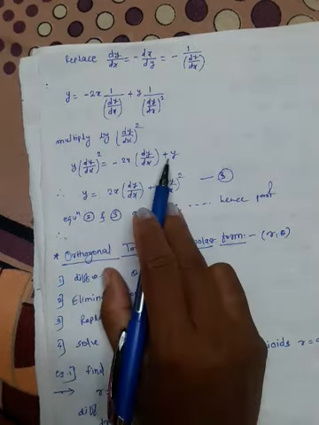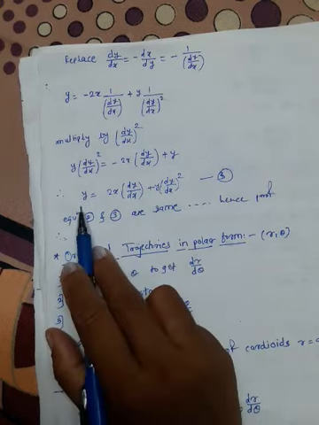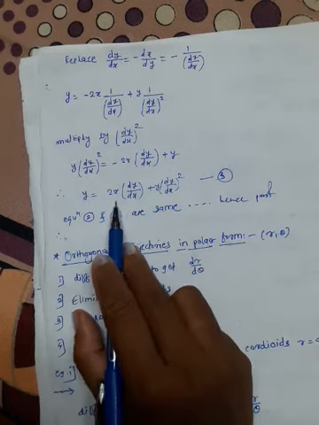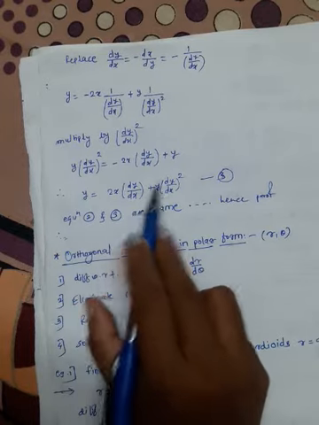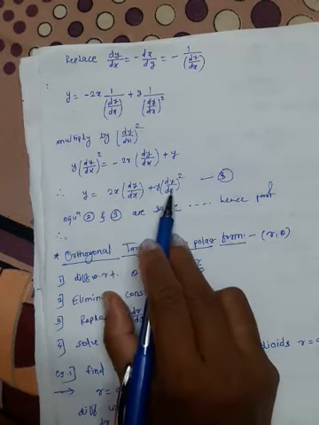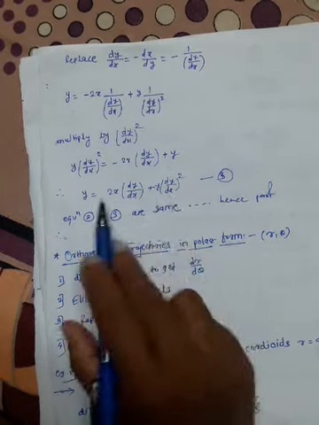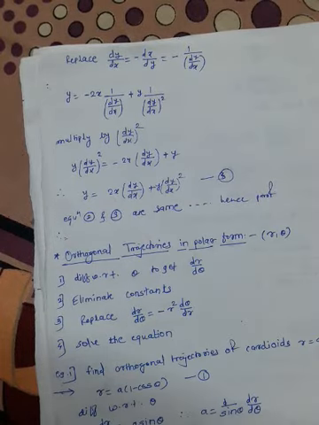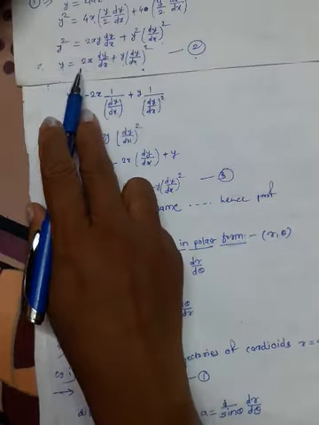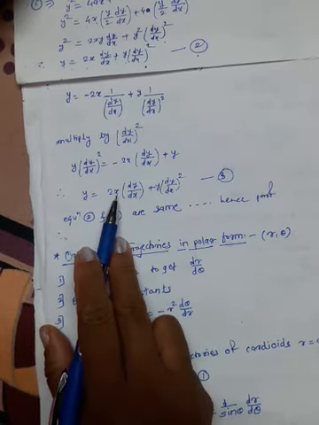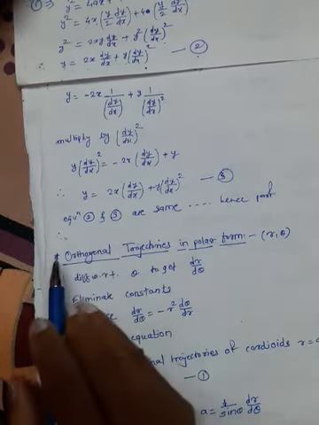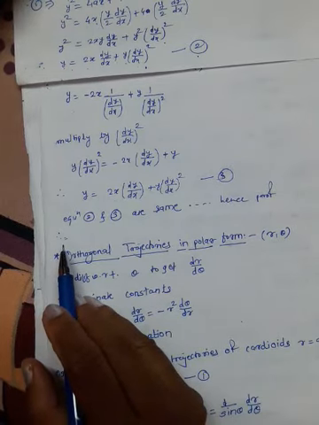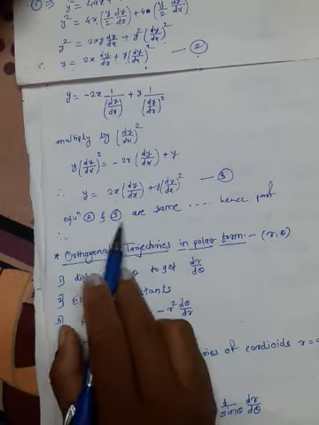Now take this term on that side, we get y is equal to plus 2x dy by dx plus y into dy by dx bracket square. This is the orthogonal trajectories of the given equation. Call that equation number 3. And if you observe this equation and our earlier equation, equation 2 and equation 3 are same.